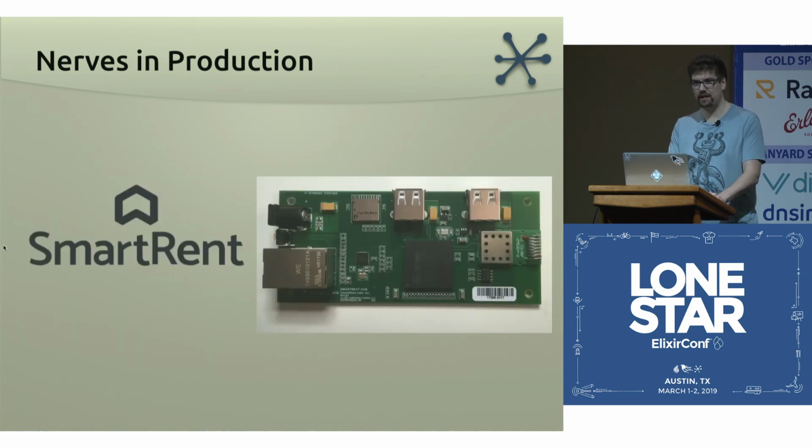SmartRent does rental property management and smart home automation, to make it easier for rental property managers and renters to control aspects of their home, like, as you can imagine, heating and door locks and stuff like that. They're running Nerves, and this is a picture of their custom board that's based on the BeagleBone platform that they're manufacturing. It's really cool.